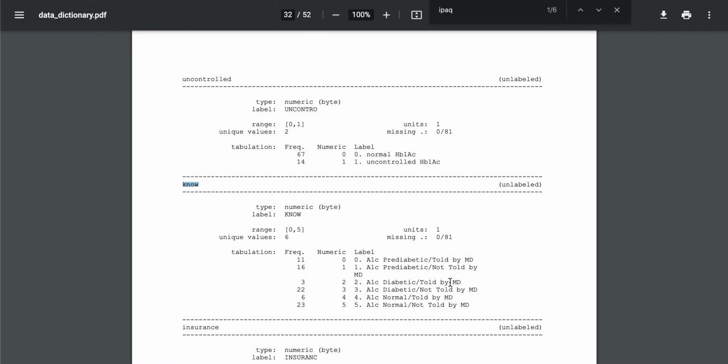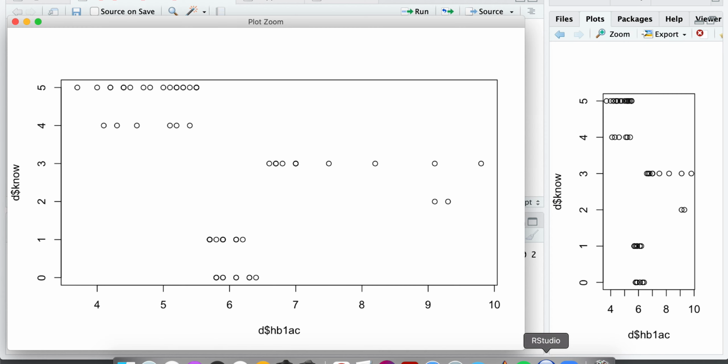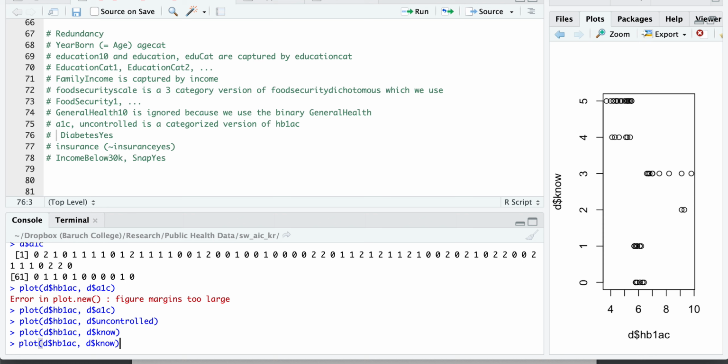Specifically, it's one of these 6 categories. So we have 0, 1. Essentially, we're just separating whether they're told by MD or not. Oh, I see. So this is about whether they know or not, and now I see what's happening here. So if we overlap these two, and these two, and these two, then we get the A1C.